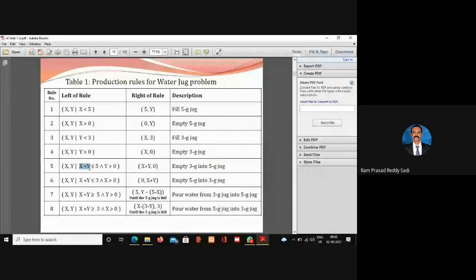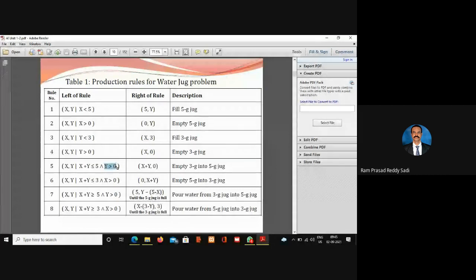So the total sum, the water available in the x-gallon jug plus the water poured from the second jug into this, should be less than or equal to 5 only. And when can you do that? If there is some water in the second jug. That's the reason we say x comma y such that x plus y less than or equal to 5 and y greater than 0. What does it imply?